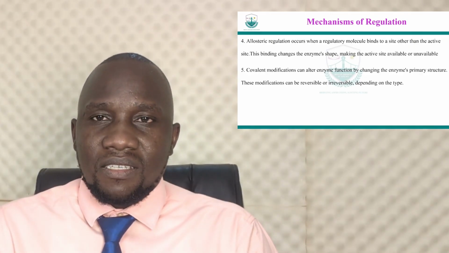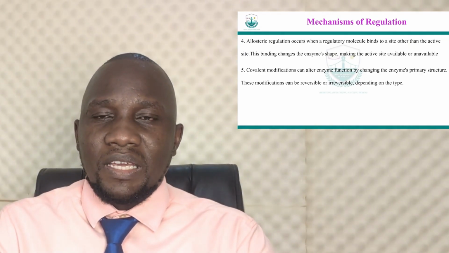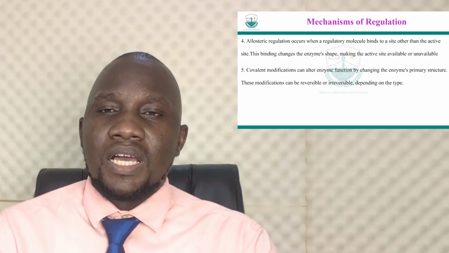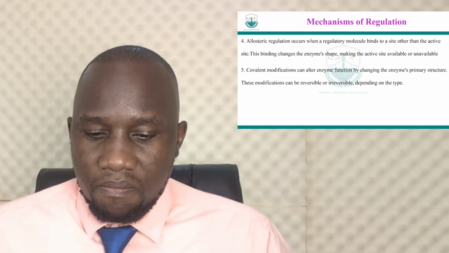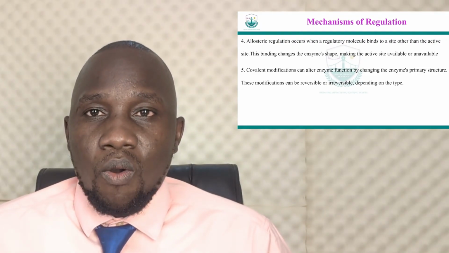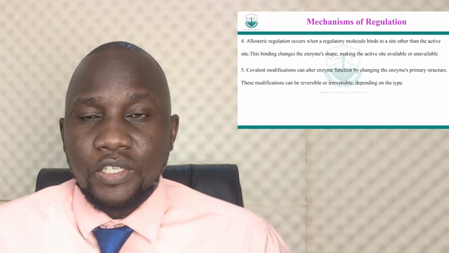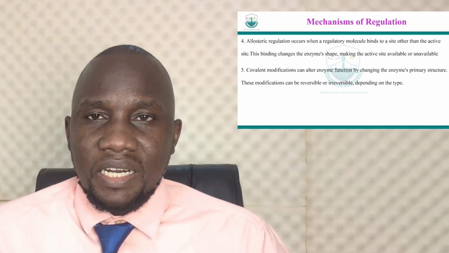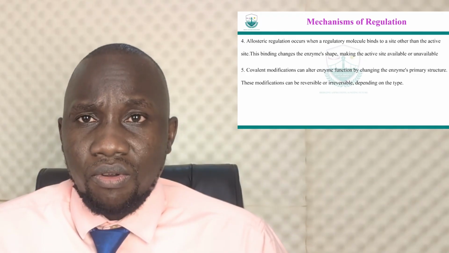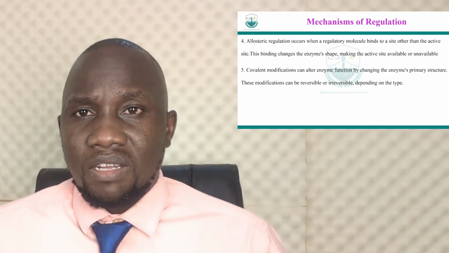This attachment that creates the covalent bonds alters the shape of the enzyme, making it inactive. So basically it cannot function quite well, and this interaction can be reversible or irreversible depending on what the body may want.